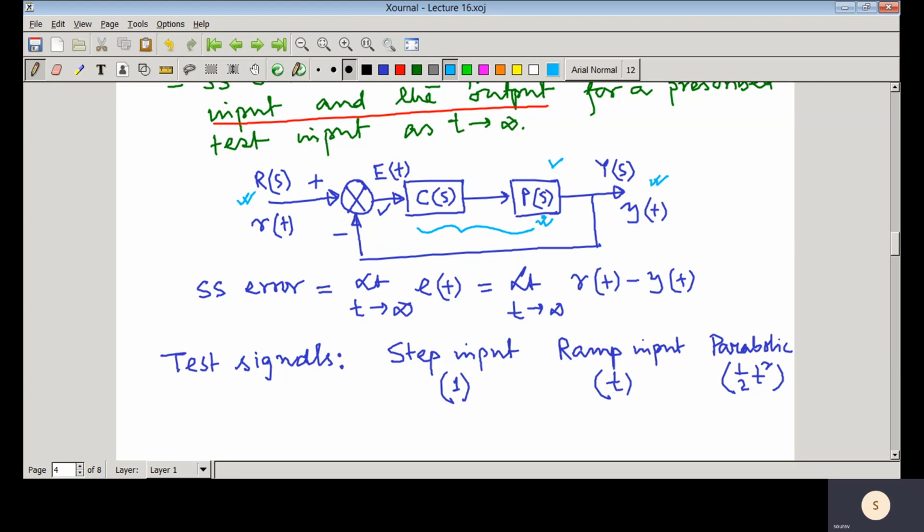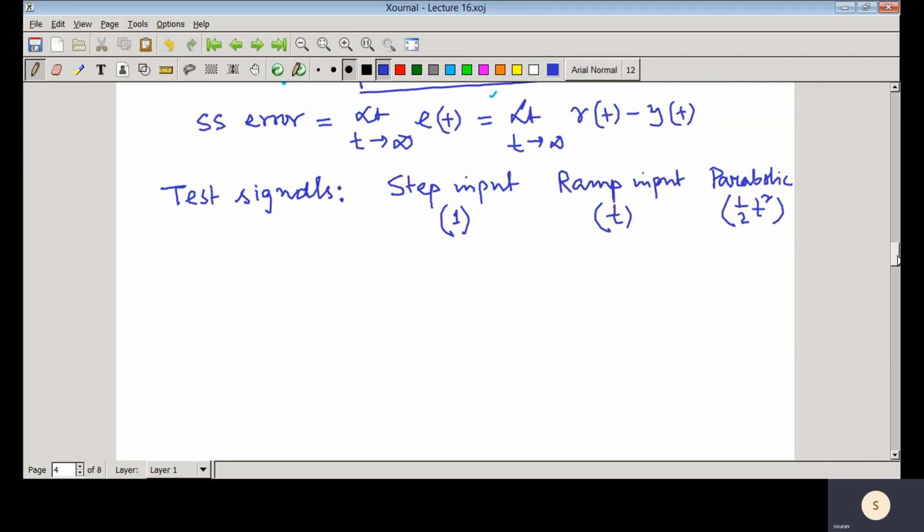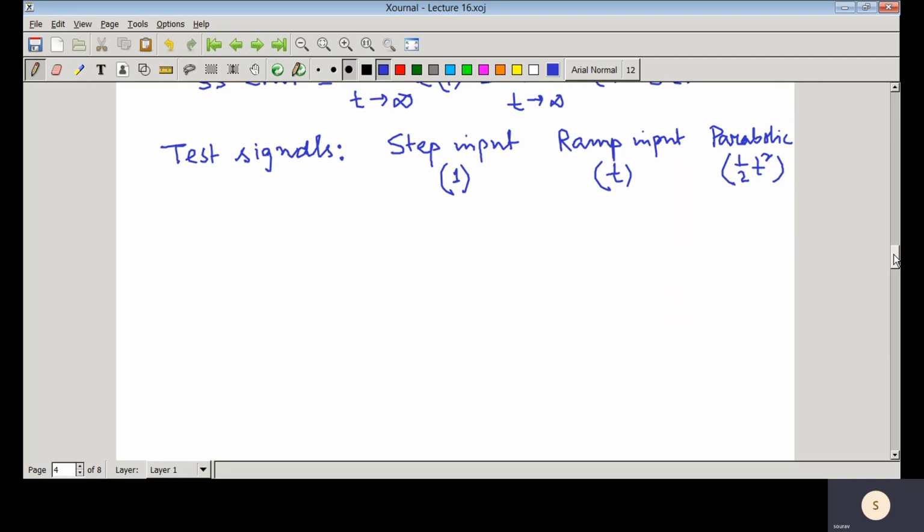If we take this as the forward path transfer function, then for the unity feedback case we can calculate the output, and then find the difference between the reference signal and the output, which is the steady state error. So this is E(s) in the Laplace domain, and this is e(t) in the time domain. That is what we have discussed now.